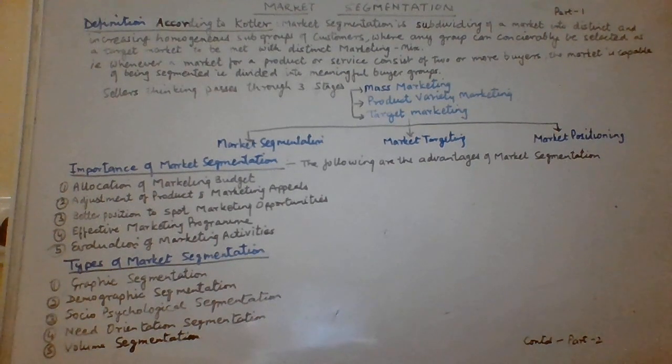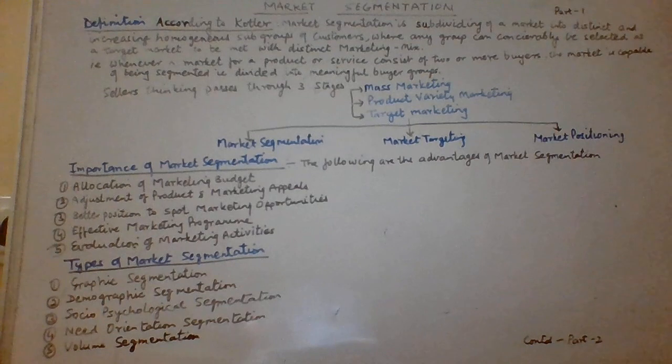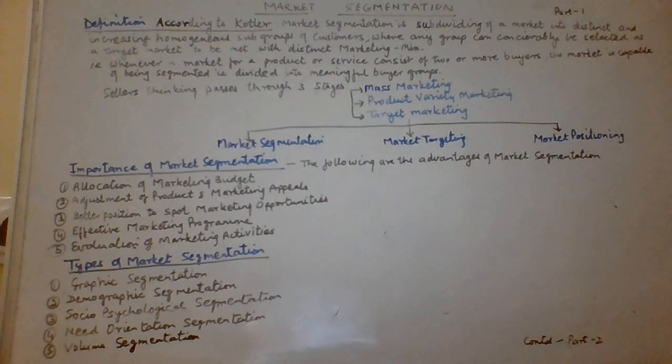So if we segment the market, we study the particular segment. For example, if the people are more Hindi speaking and we go for advertising in English, maybe the larger section of the people will not be able to understand. So where the people do not understand a particular language, we can make the adjustment with the language. We select the language which is more familiar with the particular segment which we want to cater.